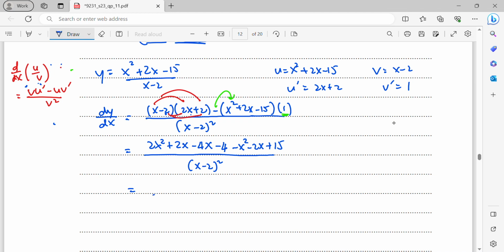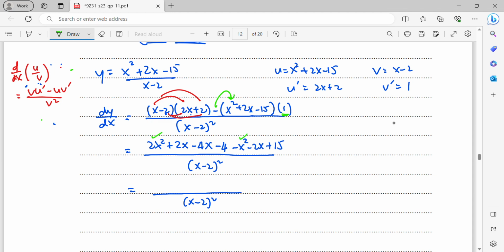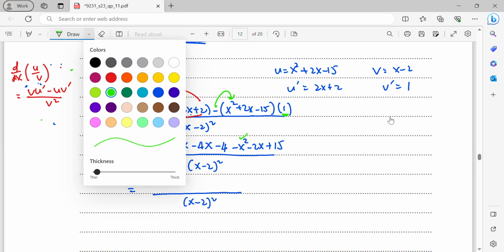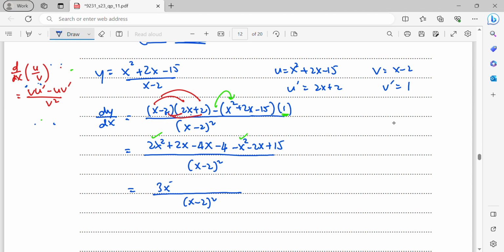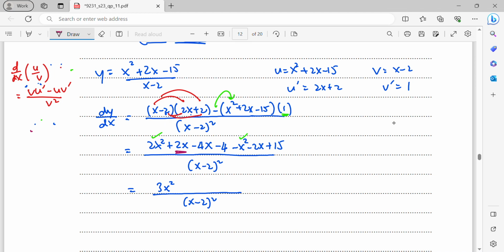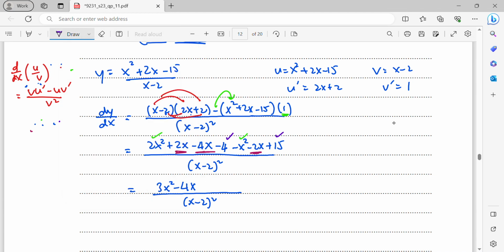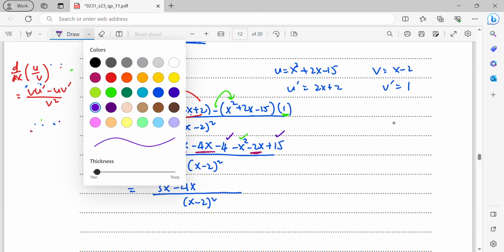Now I simplify the numerator. 2x squared minus x squared is 3x squared. Then 2x minus 2x is 0. Then I have another minus 4x, which means the answer is minus 4x. Lastly the constants: minus 4 plus 15 is plus 11.